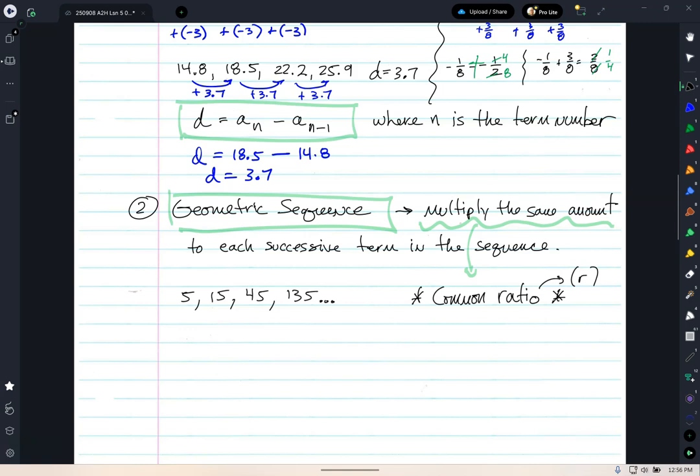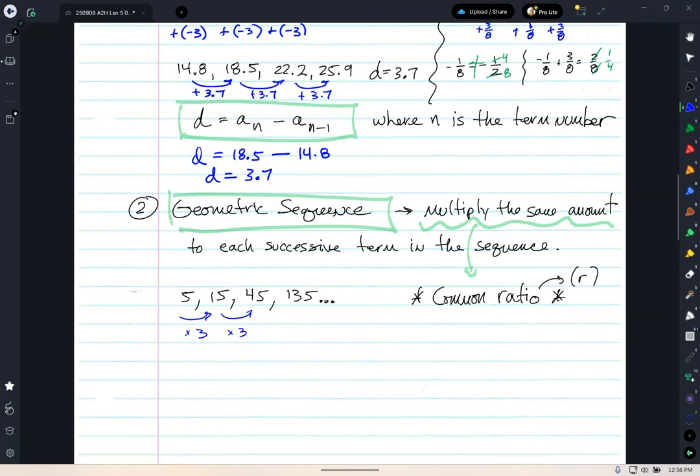To get from 15 to 45, you would have to add what? 30. To get from 45 to 135, you would have to add 90, right? Okay, so there's not an adding pattern going on here, so it's not arithmetic, but there is a timesing pattern going on here, right? And so what we're doing is we're multiplying by 3.